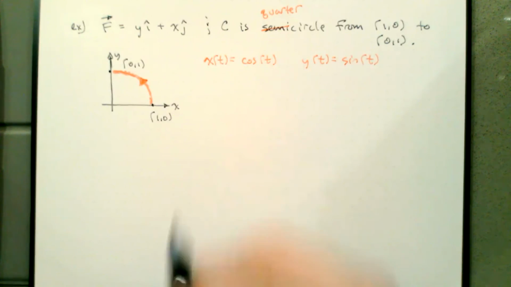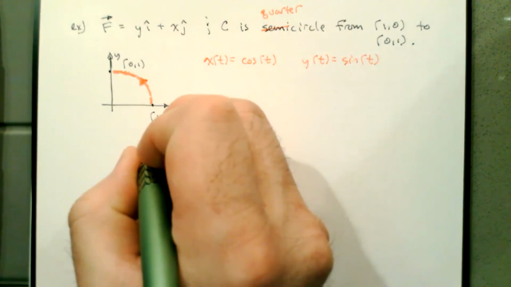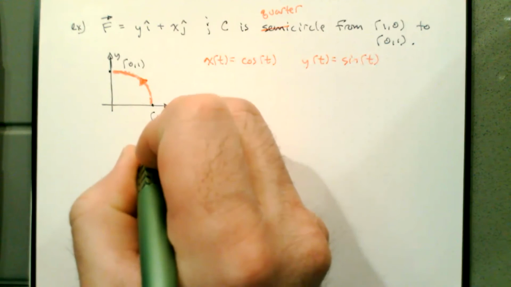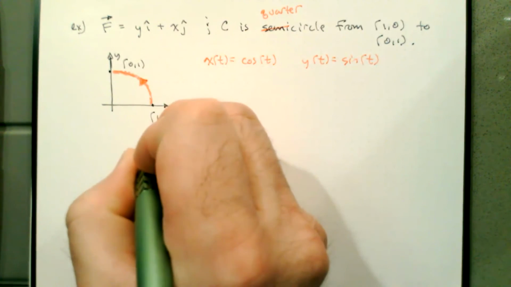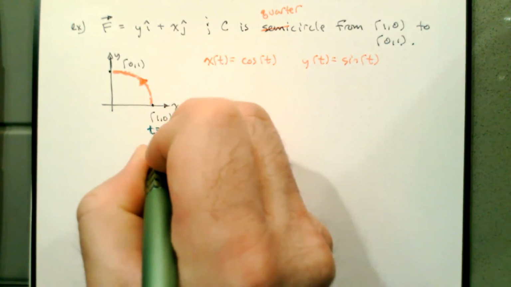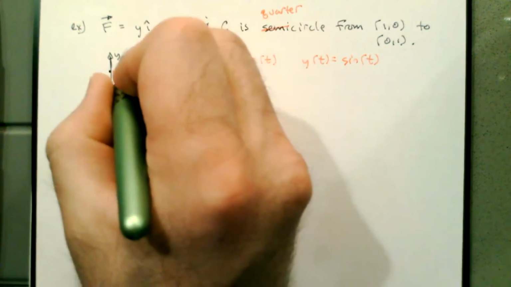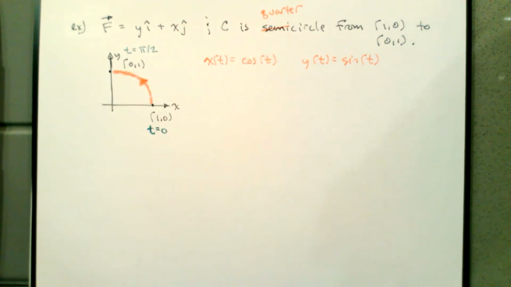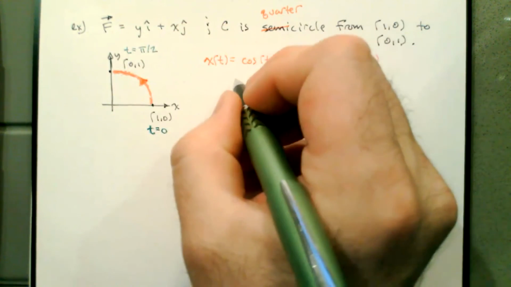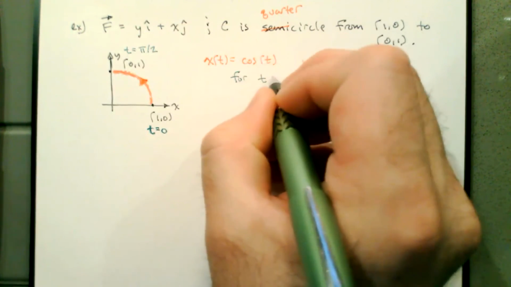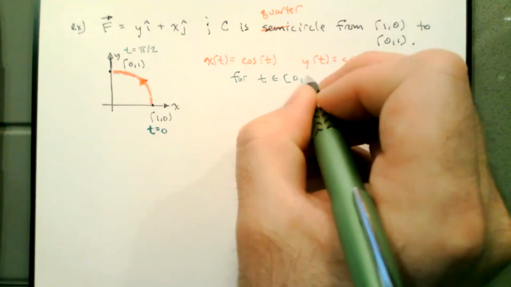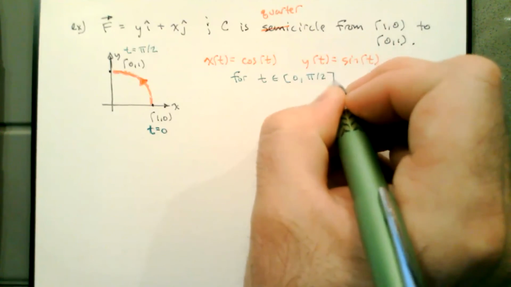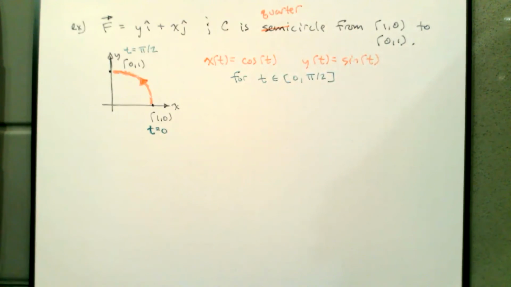The usual parameterization of the unit circle starts off at (1, 0) when t is equal to 0, and we hit (0, 1) when t is equal to 90 degrees, or pi over 2 radians. So here's our parameterization for t from 0 to pi over 2. Our line integral is going to turn into a single integral from 0 to pi over 2 dt.